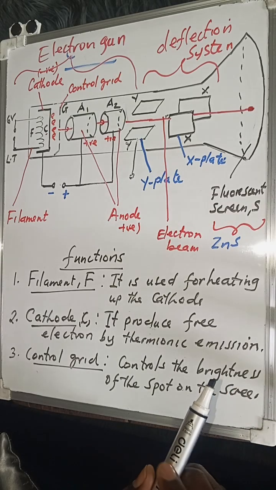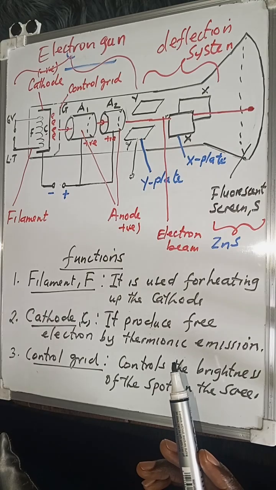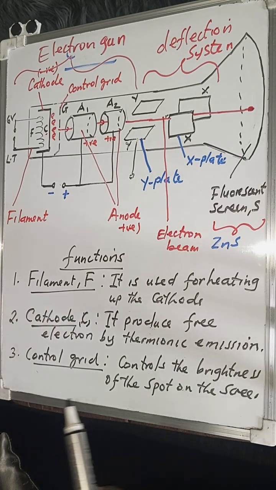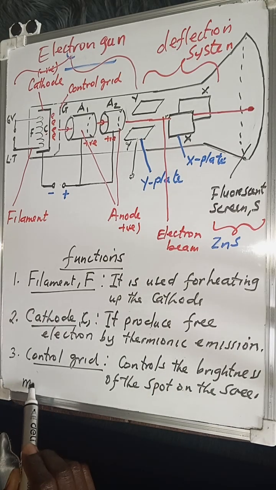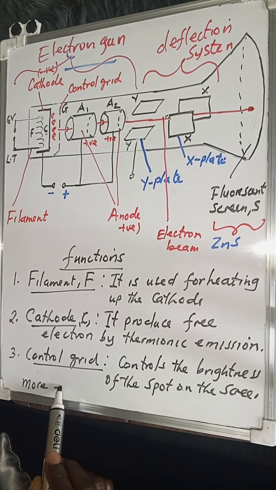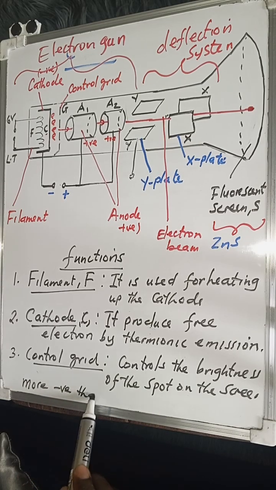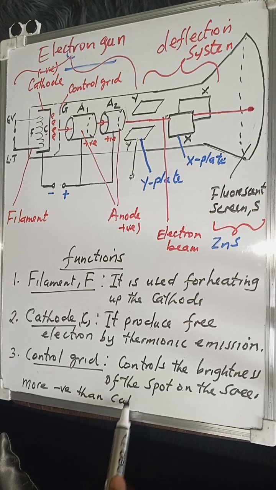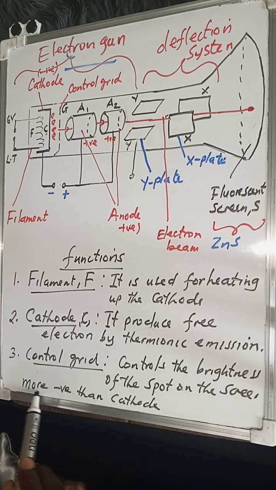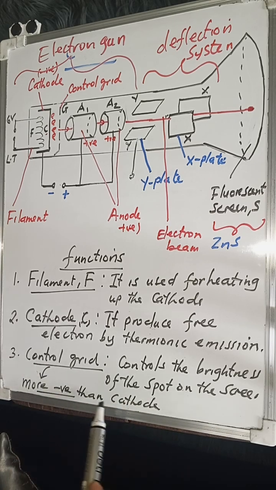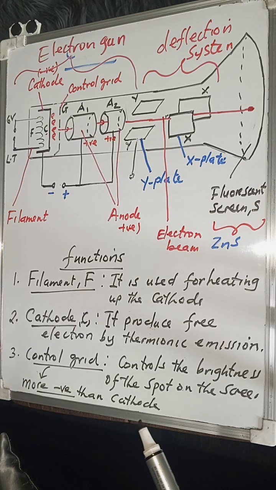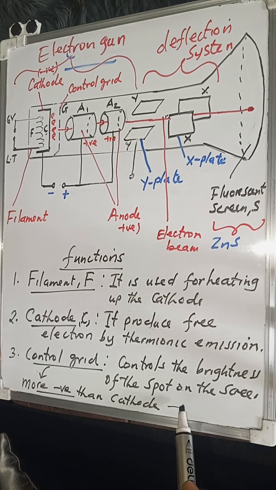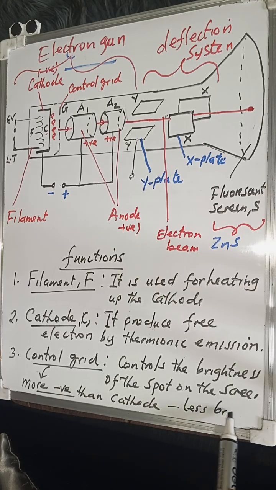What you need to remember is that if the grid is more negative than the cathode, the number of electrons per second that pass through the grid decreases and the spot becomes less bright. So that is the idea.